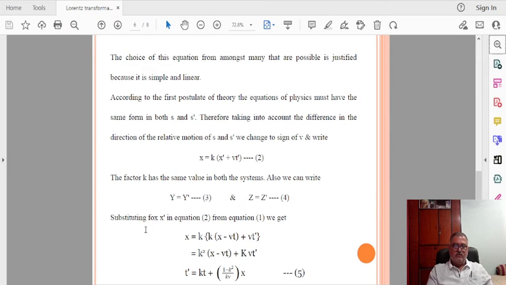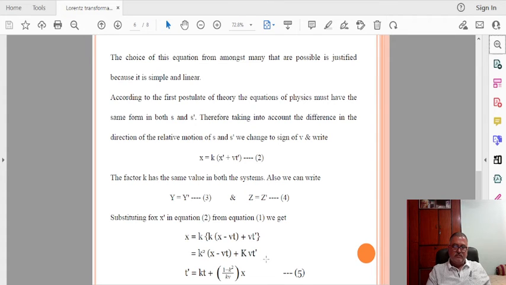See here, we are able to substitute these values for x prime in equation 2. From equation 1, we get x equals k (k (x minus v t) plus v t prime).